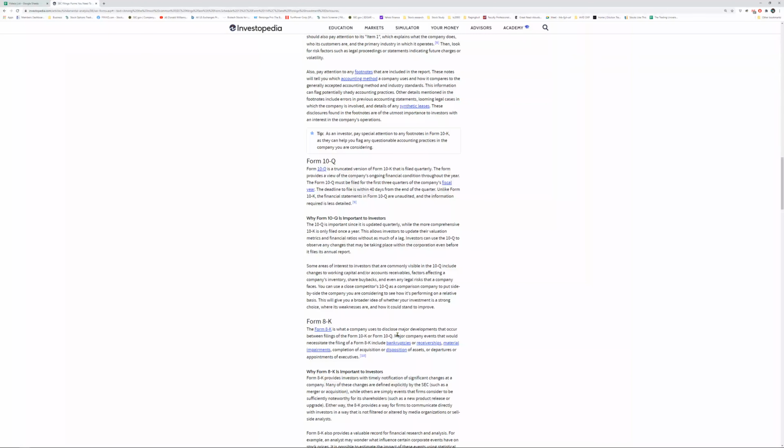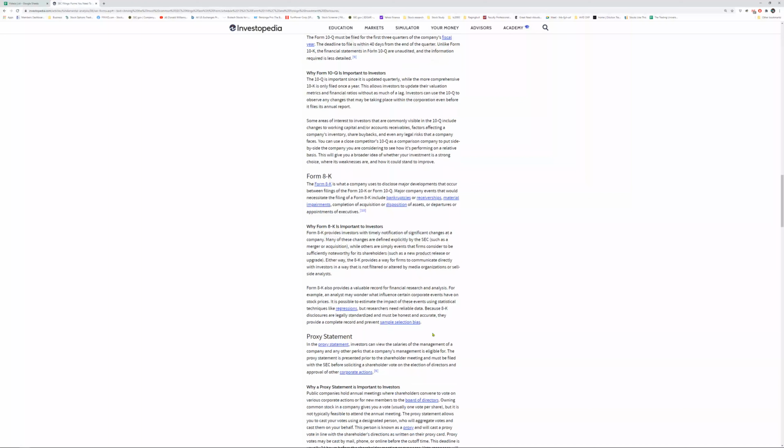Well, you'd put that out in an 8-K. Right here it says a Form 8-K can include bankruptcies, receiverships, material impairments, acquisition or disposition of assets, or departures or appointments of executives. So Bob, the CEO, is out of here, 8-K. So 8-Ks are important to let you know what's going on in between.